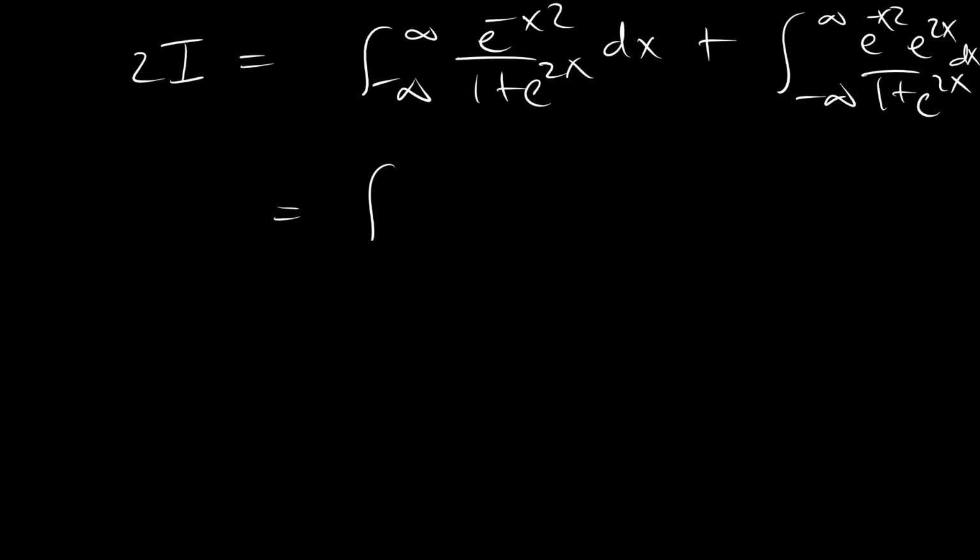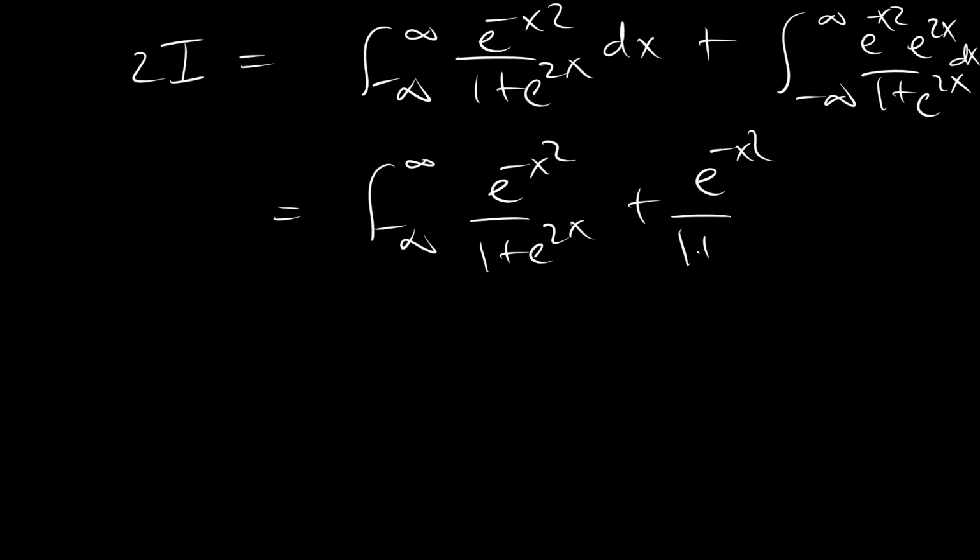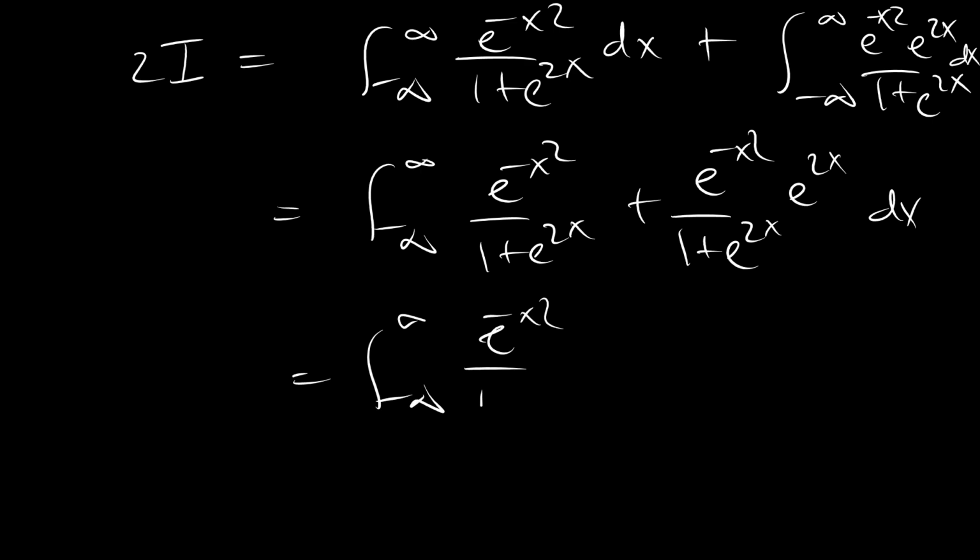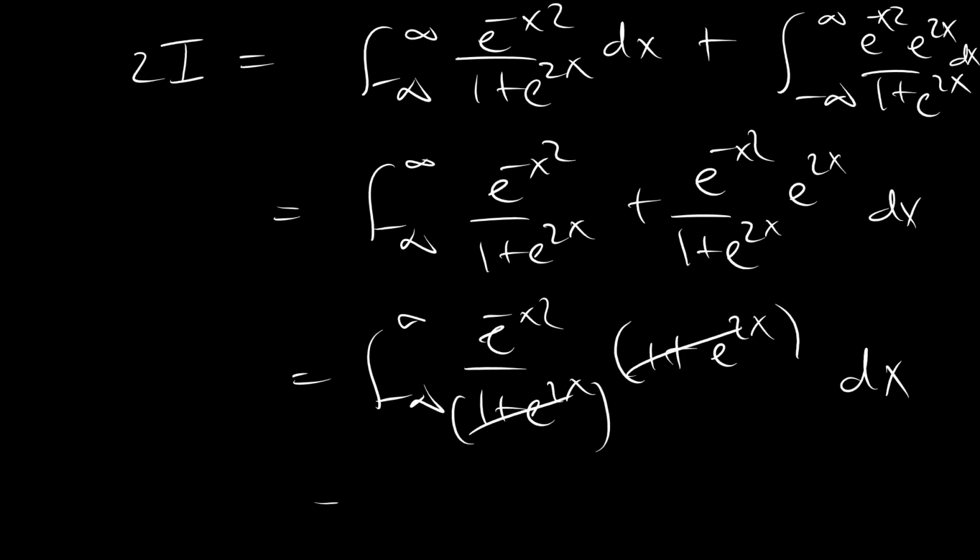So which is equal to, and so this is, and we see that this and that would cancel, so we are left with a Gaussian integral.